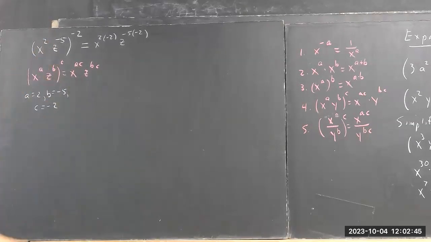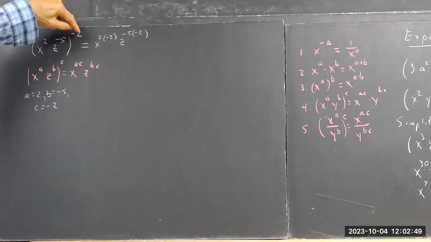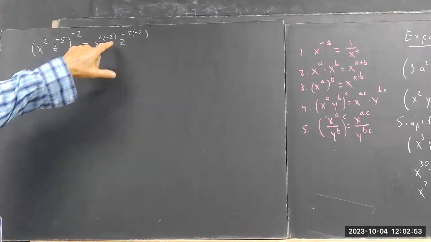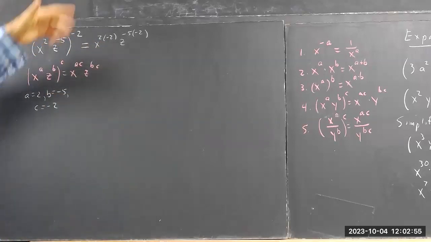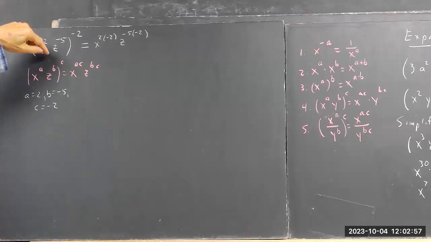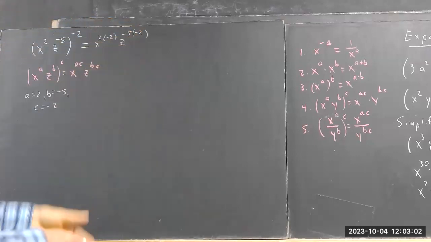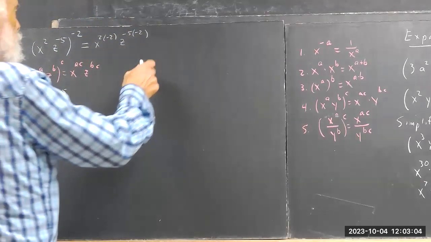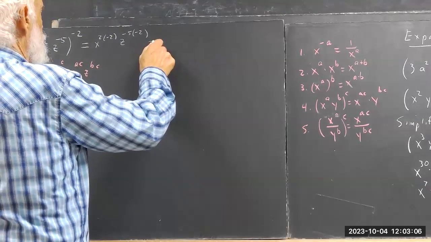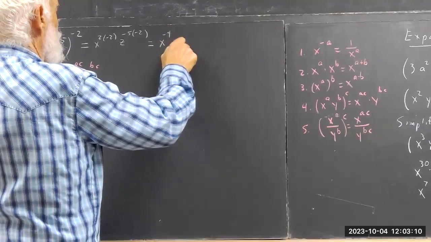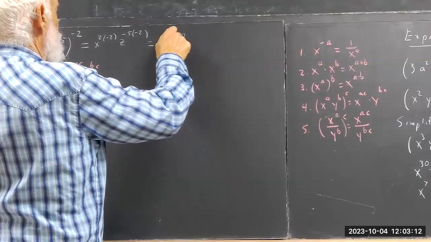All that should make sense. So again, we've done x to the second to the -2. There's x to the 2 times -2. That's when we raise the power, we multiply powers. z to the -5 to the -2, it's z to the -5 times -2. This equals then x to the -4, z to the 10th.